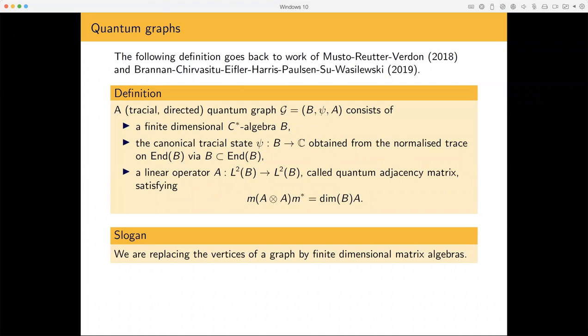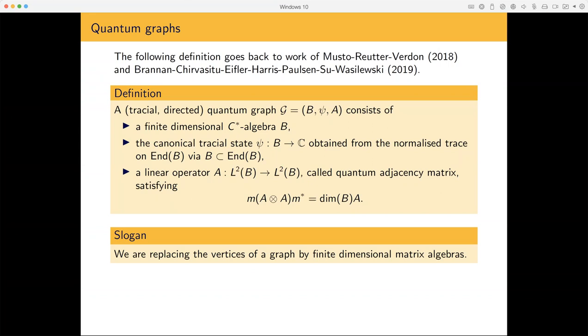So what is the definition? We basically allow our vertex set to be a finite dimensional, possibly non-commutative C-star algebra instead of a bunch of points. So we start with a finite dimensional C-star algebra B, which we should think of as functions on a bunch of quantum vertices, whatever you want.